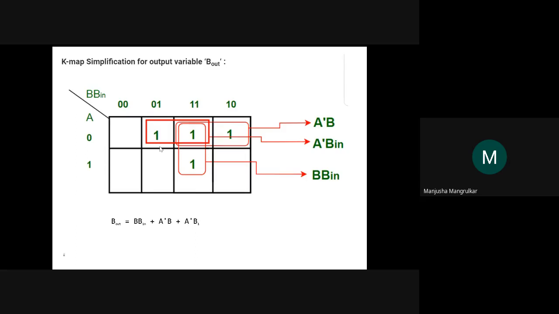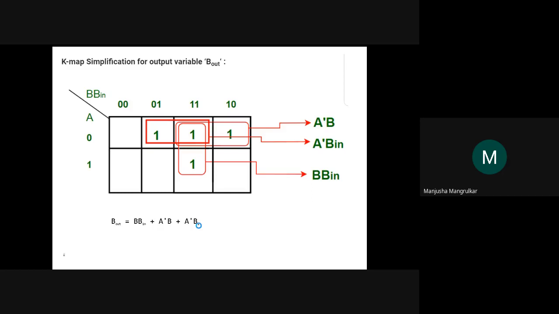So now we see the difference for the borrow: 0 1 1 0 1 0 0 0 1, right? If I take this, we can minimize by two groups. If I take this group, what is the answer for this group? A complement Bin, right? For this group, A complement B, and for this group, Bin. So this is Bin plus A complement B plus A complement Bin.